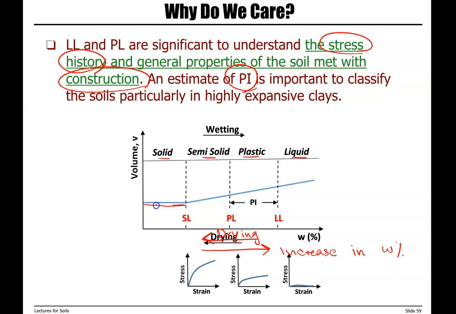Volume of soil is constant. But after this point, which is our shrinkage limit, with increase in moisture, we will observe an increase in volume. This is the PI range, or the plasticity index, PI, plasticity index.